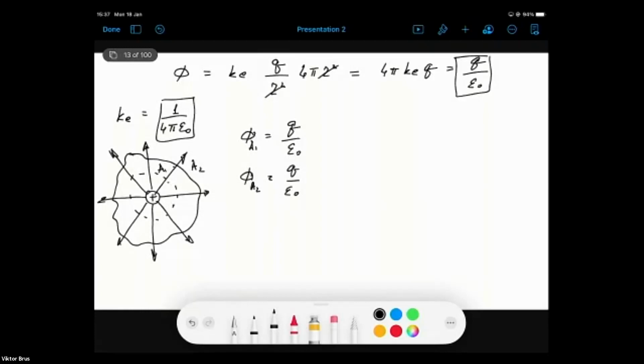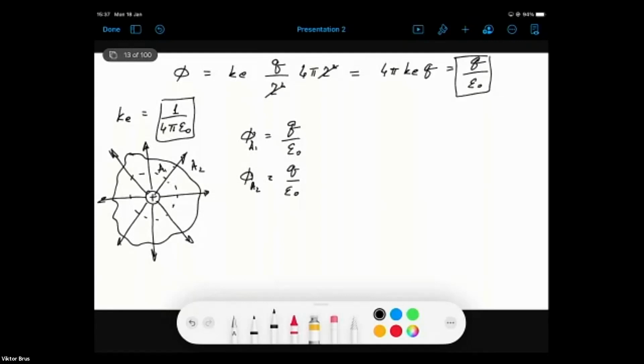If you're interested in the quantitative derivation or proof of this statement, it's a very useful concept of solid angle, which is full solid angle for all surfaces in the space is equal to 4 pi steradian.